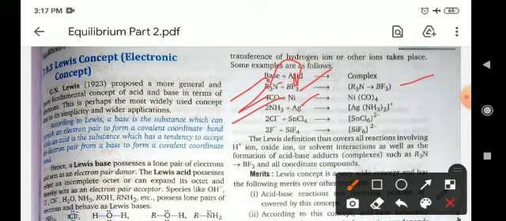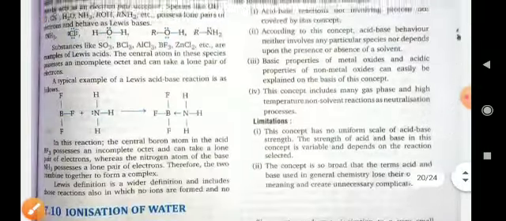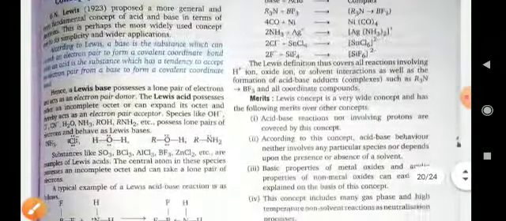So simply, according to the Lewis concept, the species which donate a lone pair of electrons are bases, and the species which accept a lone pair of electrons are acids. This is the basic Lewis concept.